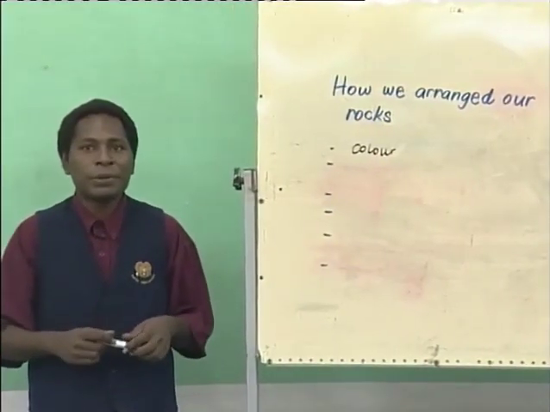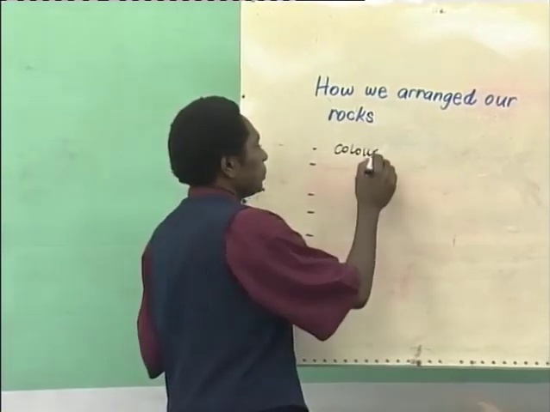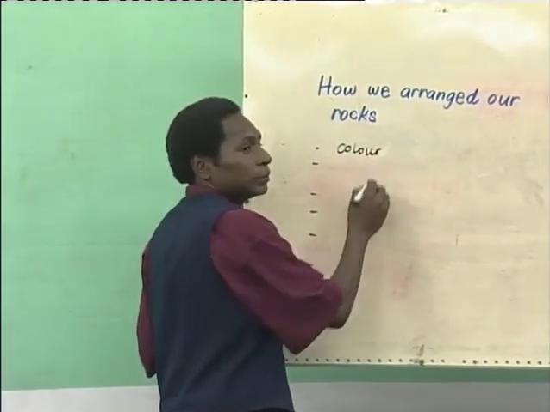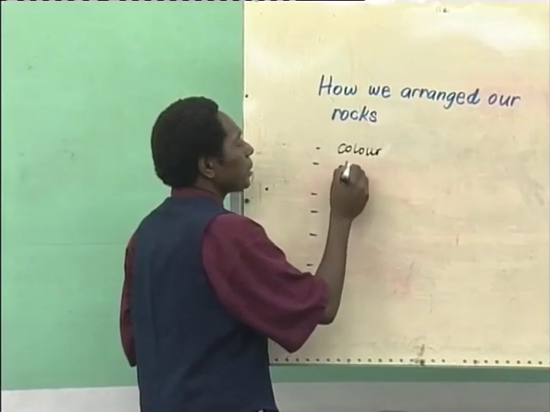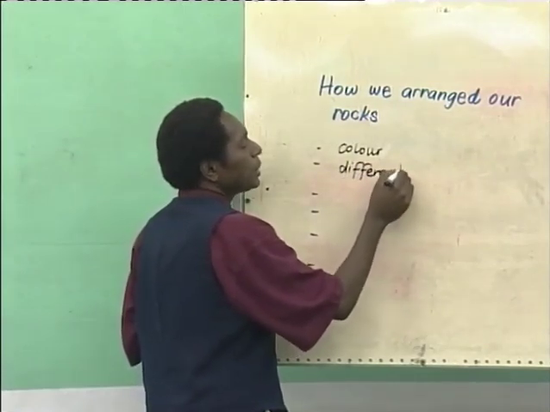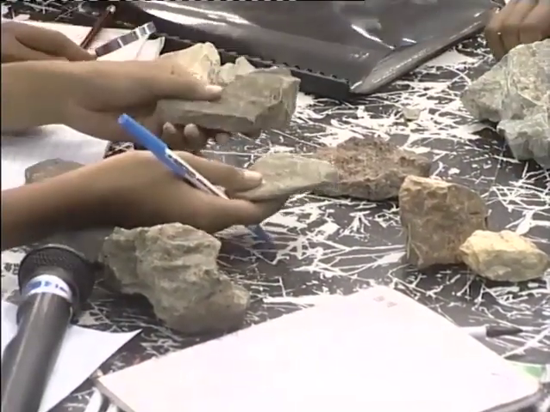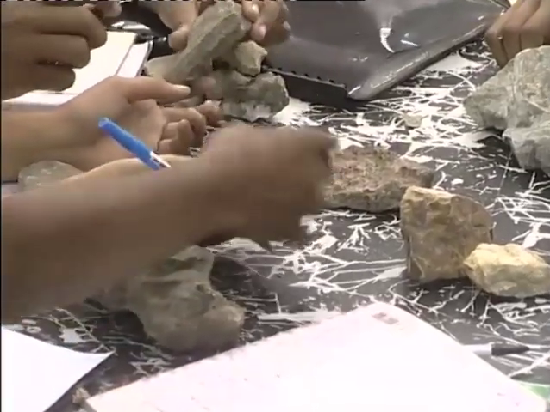One member of your group, how did you arrange your rocks? Shapes. Different shapes. Now, receiving students, I hope you had that as well. Okay, so different shapes, color.